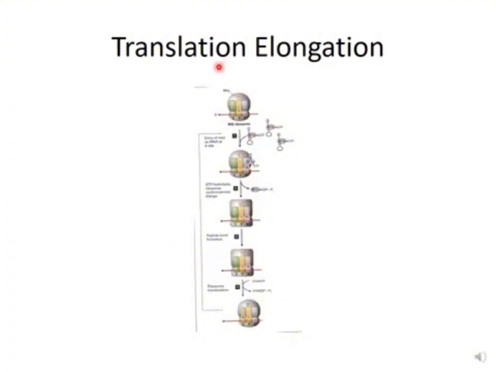This is the elongation process in a nutshell. We have incoming tRNAs, base pairing between codon and anticodon, and the hydrolysis of the GTP bound to the EF1 that is bound to the tRNA. Once this GTP is hydrolyzed, we get a conformational change that does two functions.